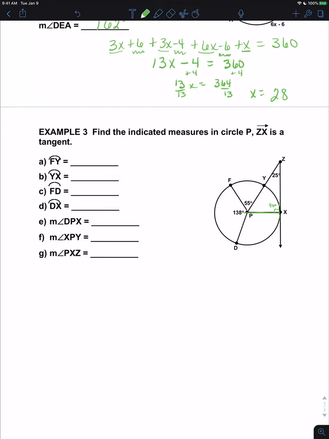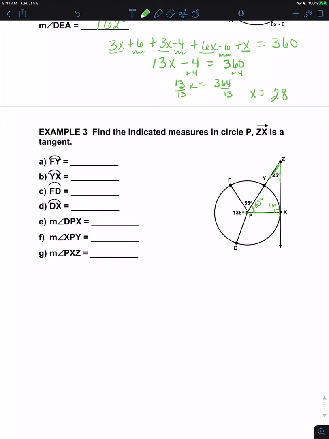So if that one's 90 degrees and this angle in the triangle is 25 degrees, we can easily find this angle because all triangles add up to 180. So let's take 180 minus 90 minus 25, and that gives us 65 degrees for that angle measure, which also means that arc measure is 65 degrees.